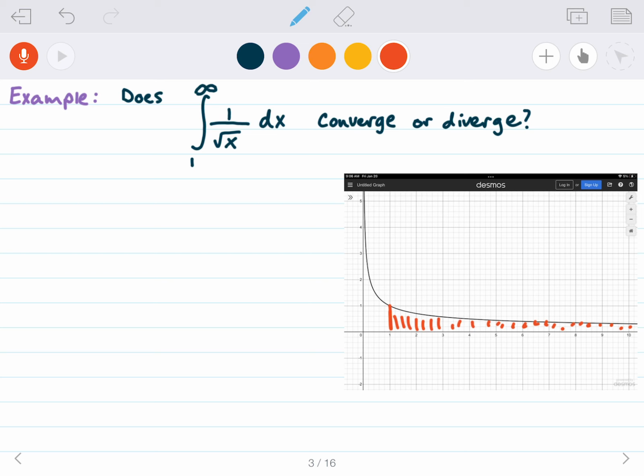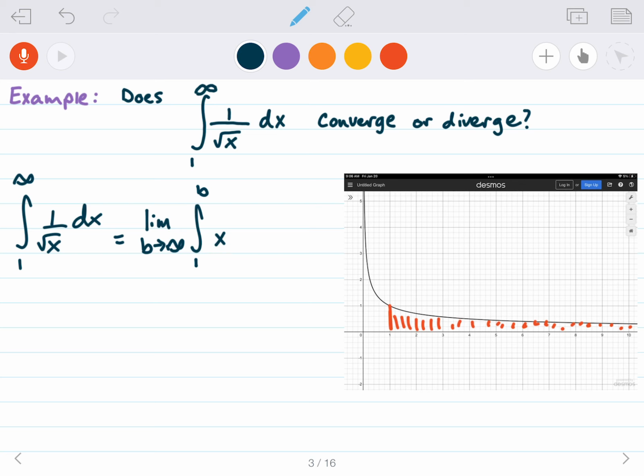So let's go ahead and set up this problem with limits. So instead of evaluating from 1 to infinity, I'm going to replace infinity with b. I use b because it's the upper bound. If we were replacing something on the lower end, I would use a. Okay, so this is going to equal the limit as b goes to infinity of this definite integral from 1 to b.